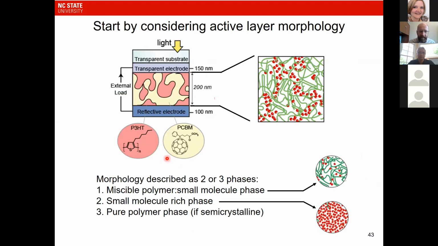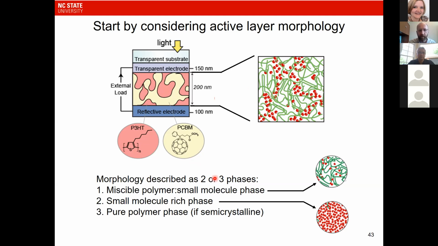And so to understand that, we have to look at the active layer morphology in a little bit more detail and more accurately. So I drew this picture in the beginning of P3HT and PCBM and just these sort of pure domains, but that's not exactly what it looks like. More realistically, that small molecule mixes with the polymer and you get this sort of mixture of the two.